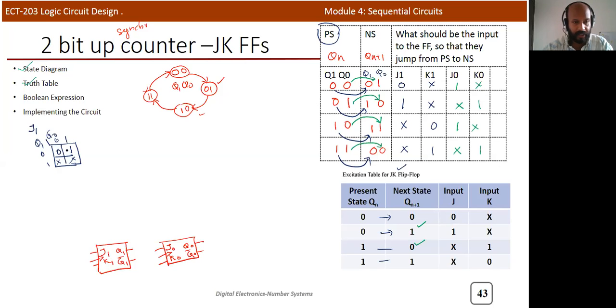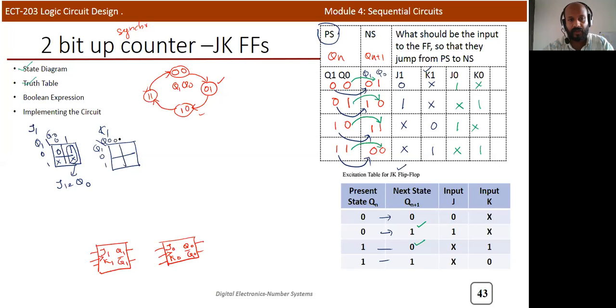Now we can group the 1 and the don't care conditions. The corresponding value of this group is J1 is equal to Q0. Similarly, you can design K1 from the table, for the corresponding values of present state Q1 and Q0.